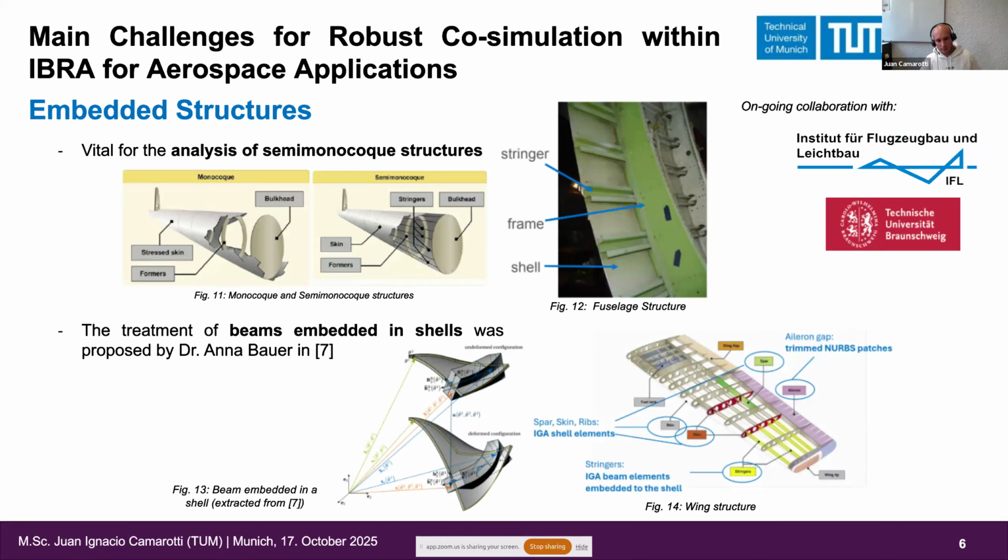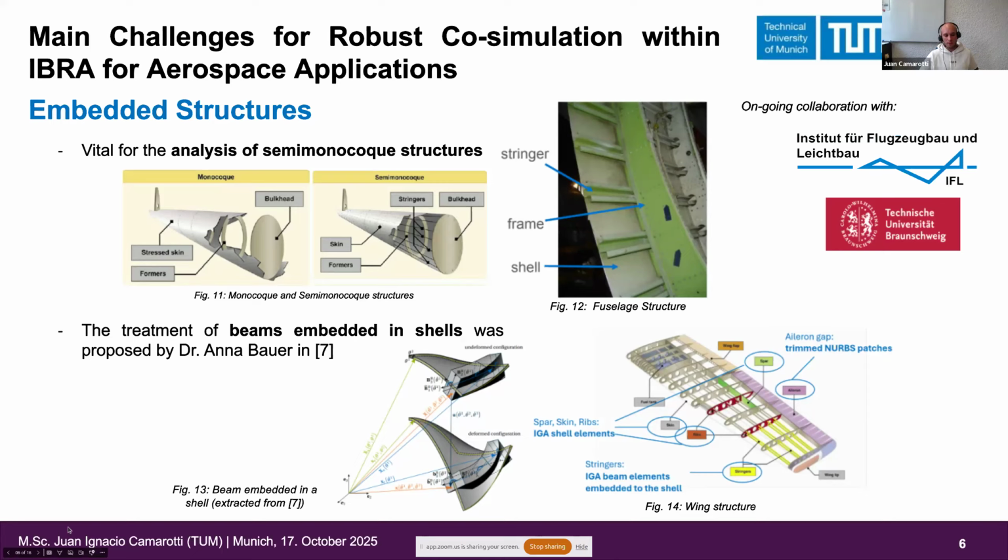So usually in aerospace structures, we need to deal with thin wall structures, which are usually modeled with shell elements, which are usually reinforced by 1D elements, which are usually modeled with beams. In the case of finite element, this coupling of shells and beams is quite straightforward. But in the case of isogeometric analysis, you need to come up with some strategies and methodologies in order to kinematically couple these entities.